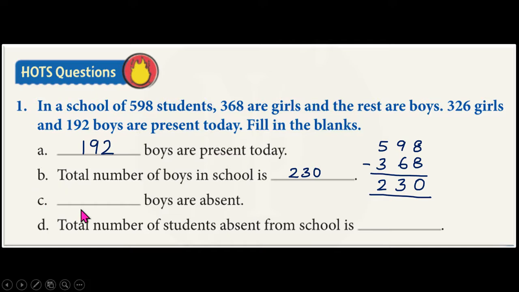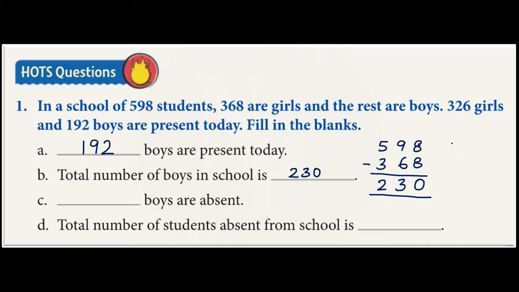C. Dash boys are absent. So here we should write the number of boys who are absent today. To find that, we should subtract the number of boys present today from the total number of boys in that school. So now we know the total number of boys, that is 230.